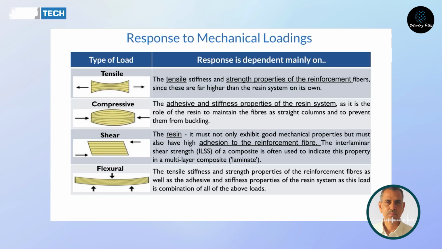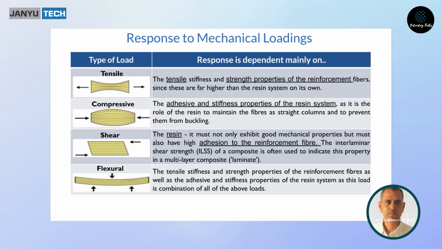If we are defining it as a composite, it needs to pass certain parameters, and we need to check all those things before ascertaining that we have the right kind of composite material.